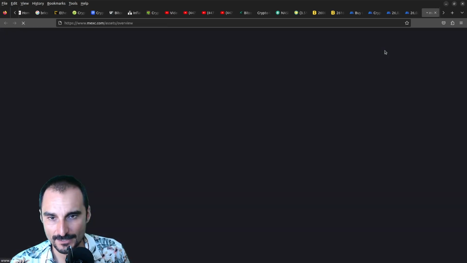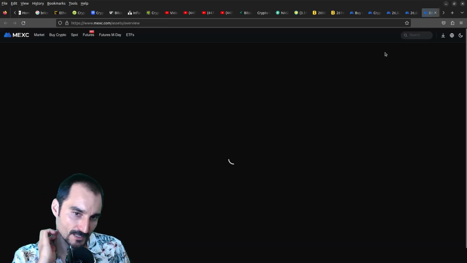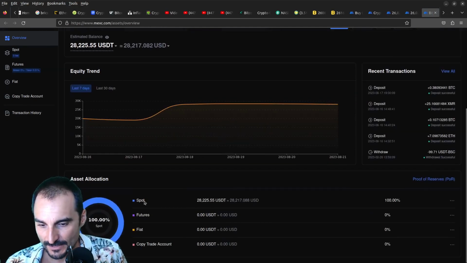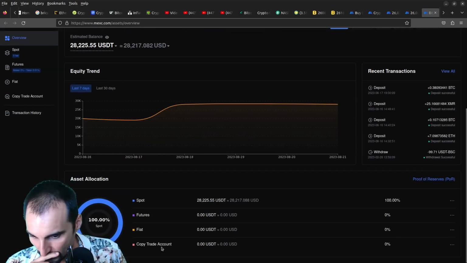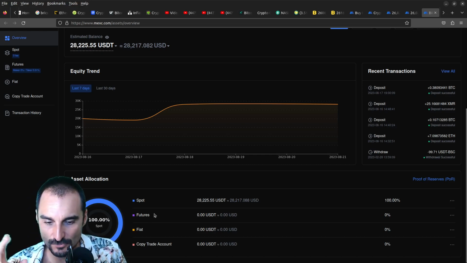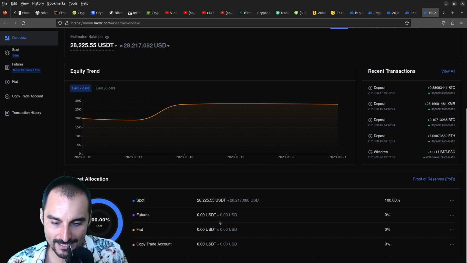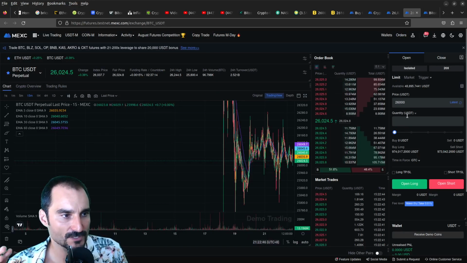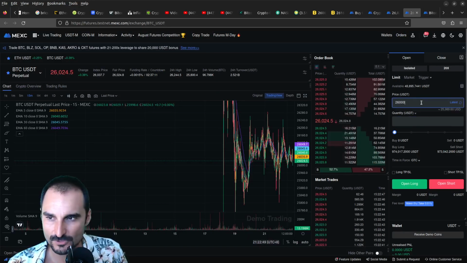Because the accounts are separated so you don't spend more money than you had planned. Basically, you have the spot, futures and fiat accounts. So, you have to make a transfer to the futures account if you want to trade futures. And then, that is the money available for futures, and it will not take money that you have in spot. Very well, once we have the futures account, we put the entry point.